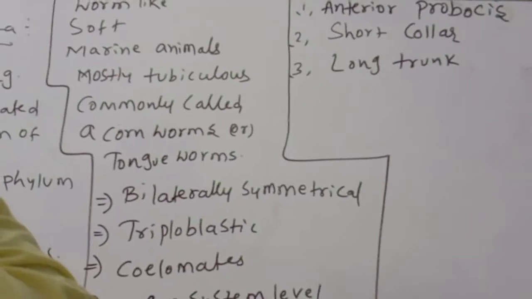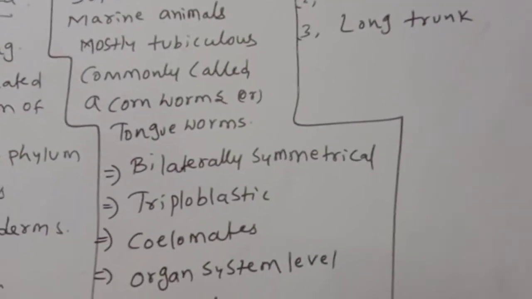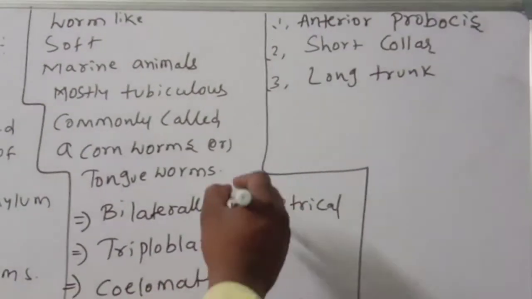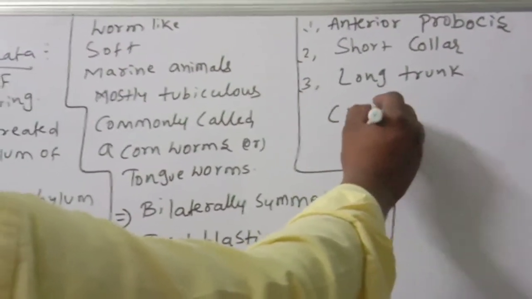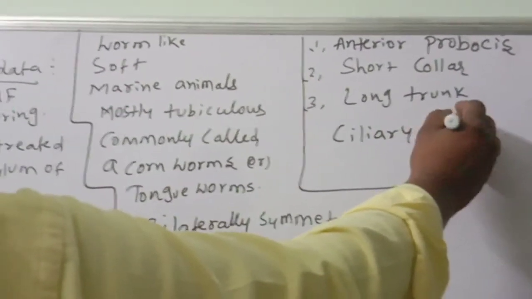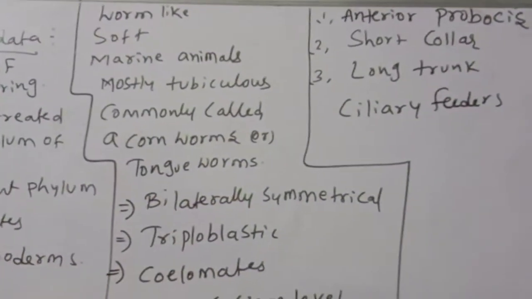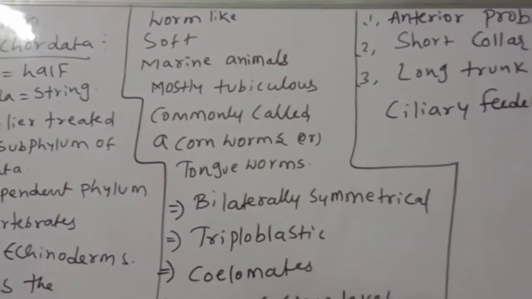Okay, children. Next, these are all ciliary feeders. They eat with the help of cilia on different parts.